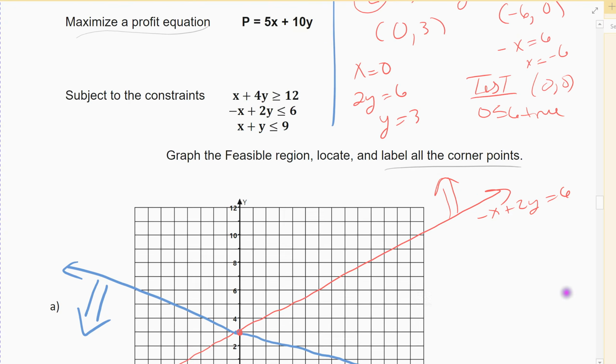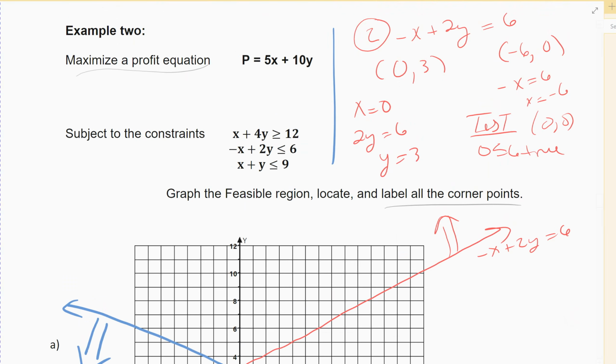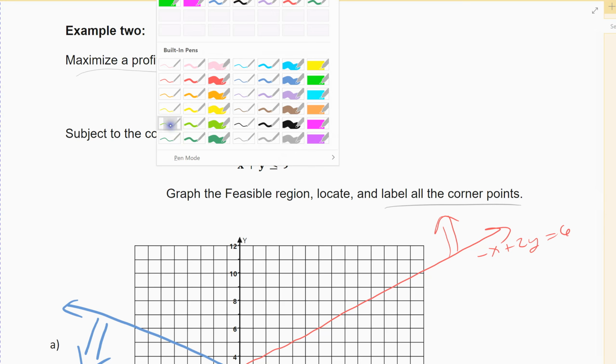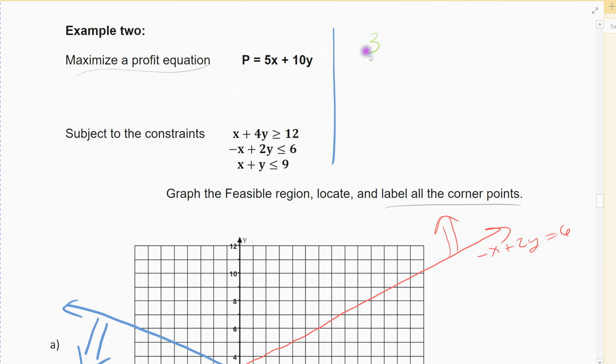Alright, so I've got one more line left to graph, and I'm probably going to do green. So I've got to go get a green color. Alright, so line 3, x plus y equals 9.